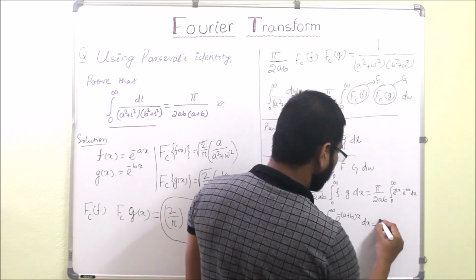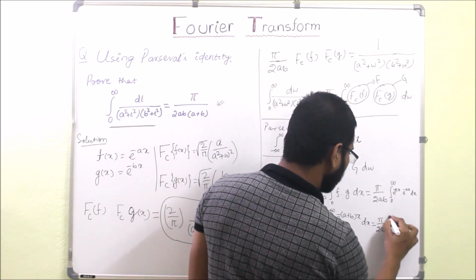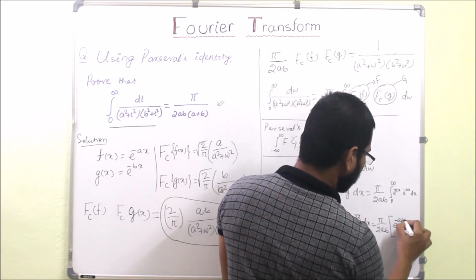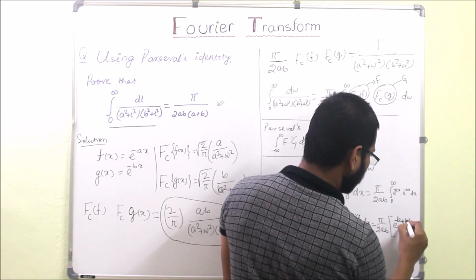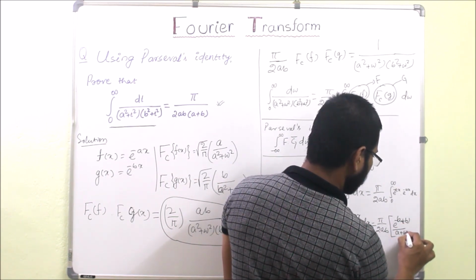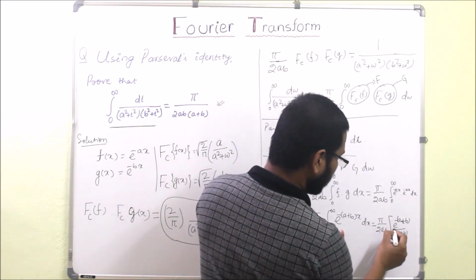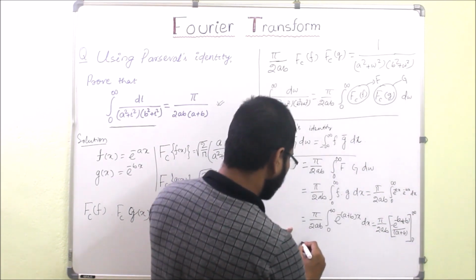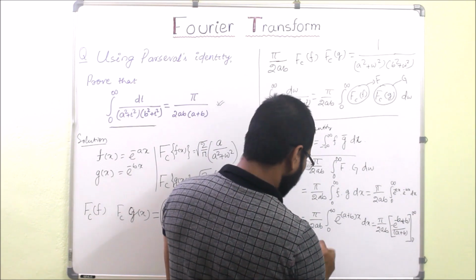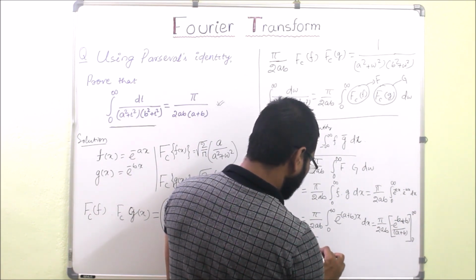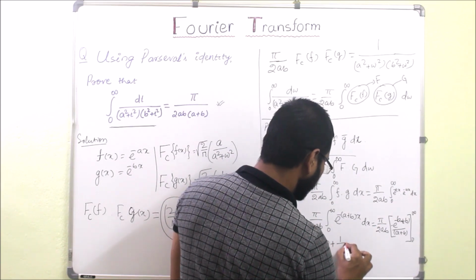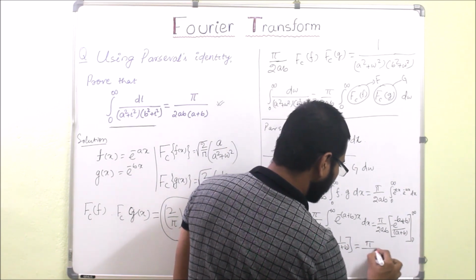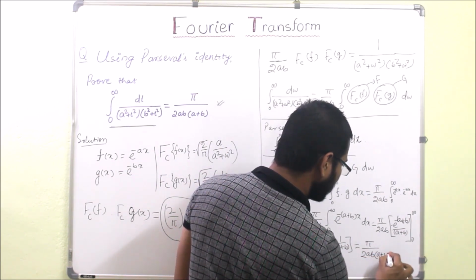Now if we solve it, we get pi by 2ab and within the bracket, e to the power minus (a plus b)x divided by (a plus b) with a negative sign, from 0 to infinity. Now if we put in the infinity and 0 values, we will get pi by 2ab into (0 plus 1 by (a plus b)). So ultimately we will get pi by 2ab into (a plus b).